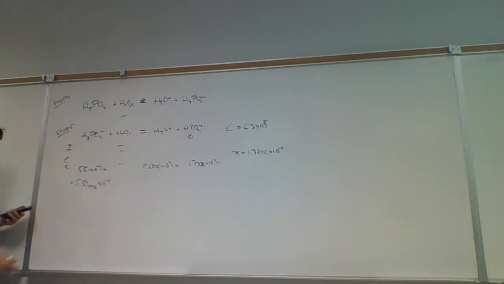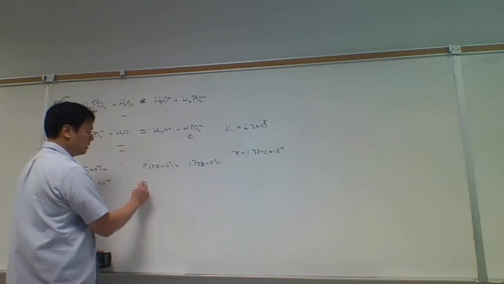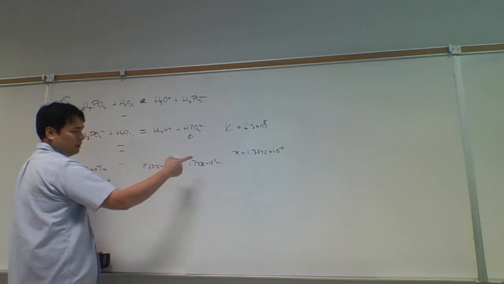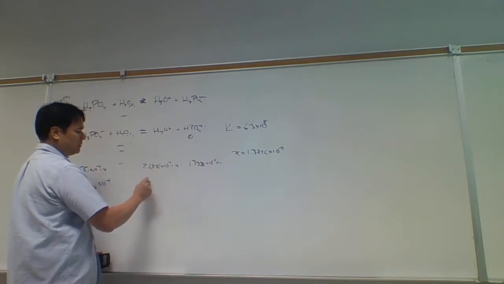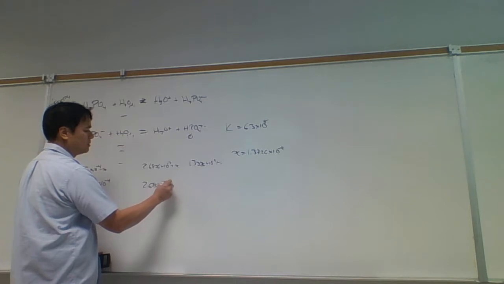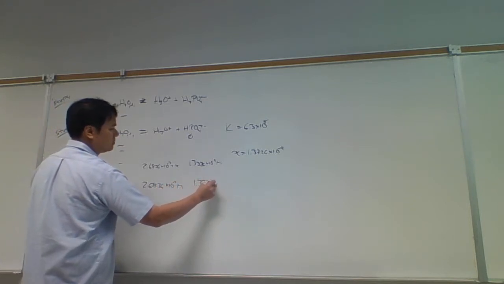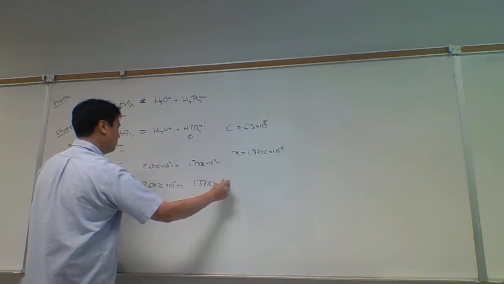And so we're going to lose a tiny bit, not much. And then over at the hydronium, it's going to be 7 digits, so we aren't even going to see it. 6836 times 10 to the minus 2. And this will be 1.3726 times 10 to the minus 9.